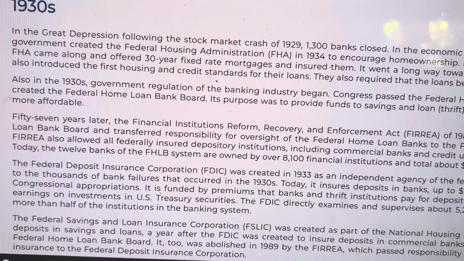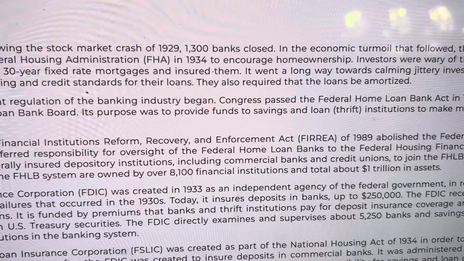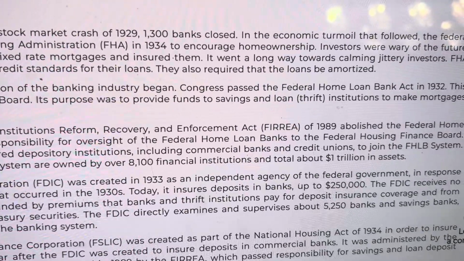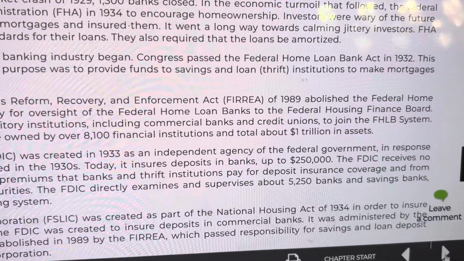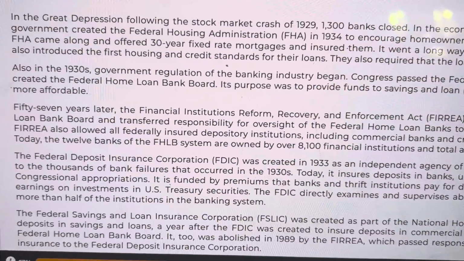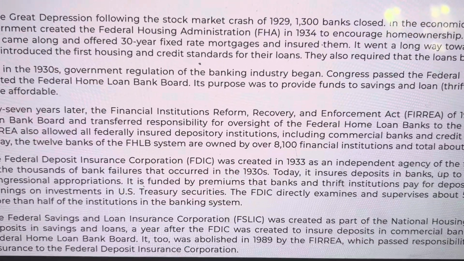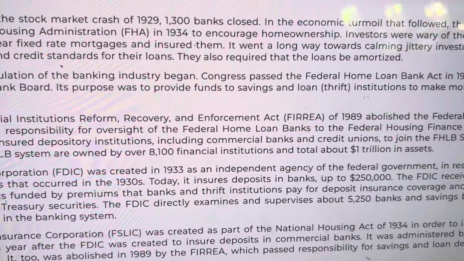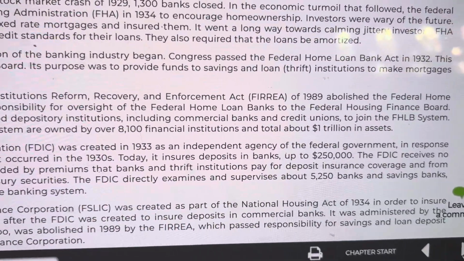57 years later, the Financial Institutions Reform, Recovery, and Enforcement Act, the acronym is FIRREA, of 1989, abolished the Federal Home Loan Bank Board and transferred responsibility for oversight of the Federal Home Loan Banks to the Federal Finance Board.